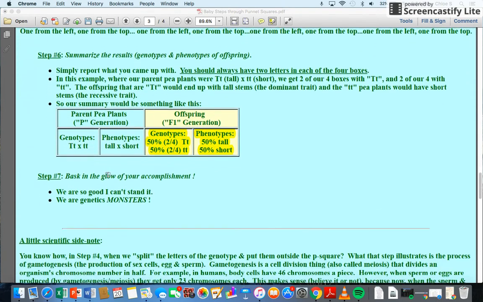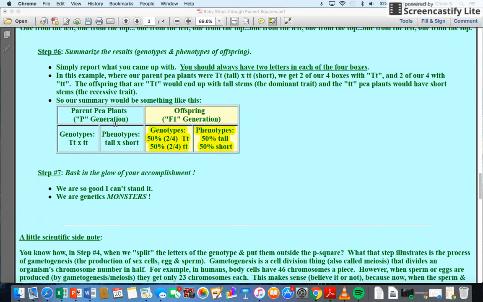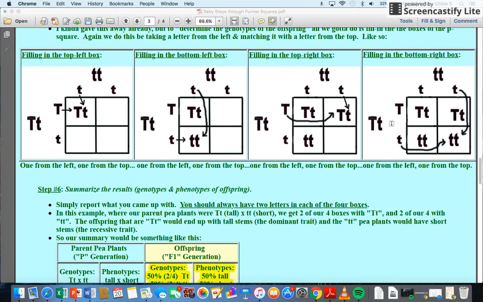When you get to the end, you're going to have something called a genotypic ratio and a phenotypic ratio. Recalling what we've already discussed, genotypes have to do with the letters, while phenotypes have to do with the trait. For this, you see that the genotype big T, little t represents 50%, or 2 out of the 4.